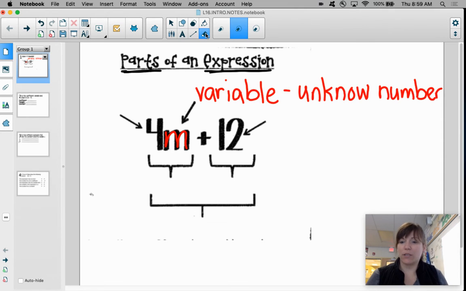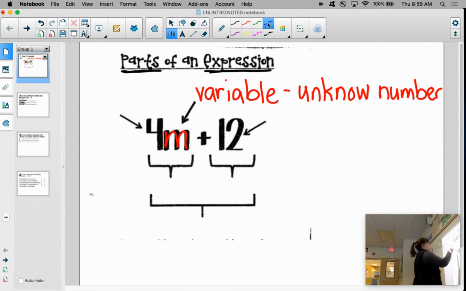That's a special part of the expression, and it is called a coefficient. I'll say that one more time. Coefficient is the number that is sitting right next to the variable. So let's add that into our notes.